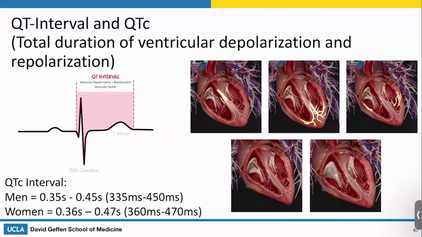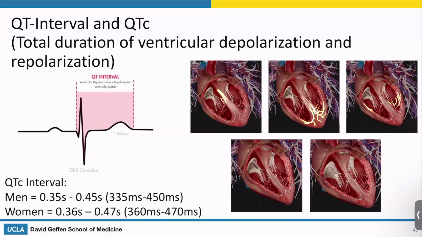So each heart rate and each sex has a different QTC. Okay, and we want to calculate that either with a mathematical calculation, or you can look at the top of your EKG machine and it'll actually calculate it for you to see if it's fitting within that range.